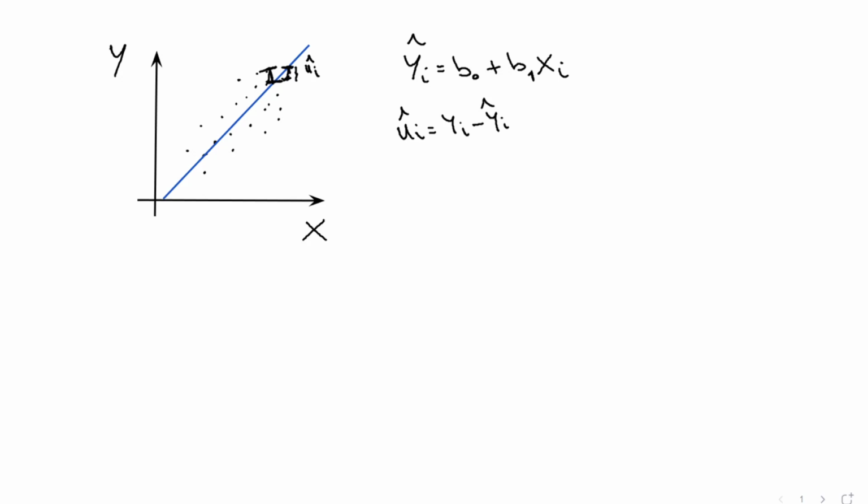They still exist. We're never going to be able to fit perfectly, given that there's variation in where these points are. But it looks like this line is not systematically making these residuals very large. So the intuition here is we want to find a line that on average will make these residuals pretty small.